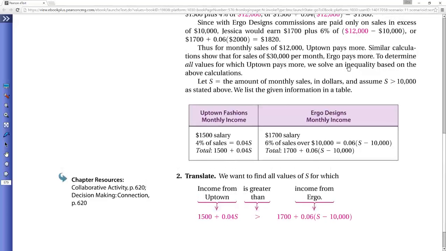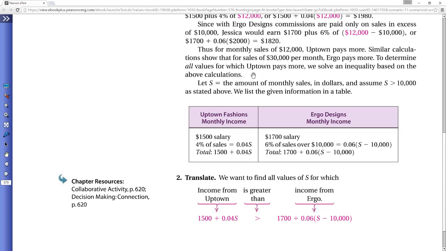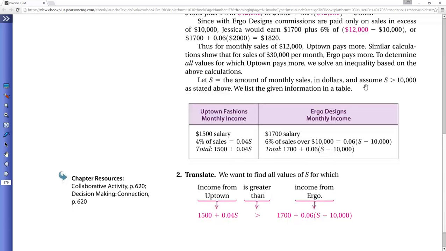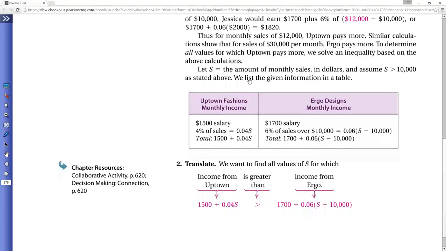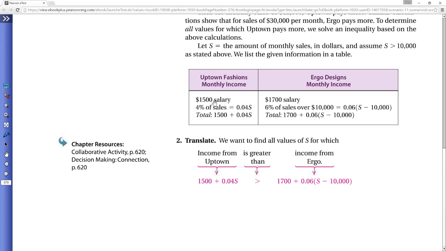To determine all values for which Uptown pays more, we solve the inequality based on the above calculations. So let S be the amount of monthly sales in dollars and assume S is greater than 10,000 as stated above. We list the given information. Uptown gives a salary of $1,500 plus 4% of sales, so we could write this expression: 1,500 plus 0.04S.